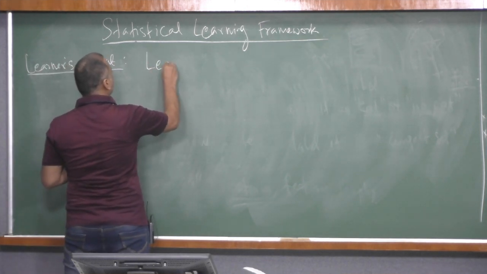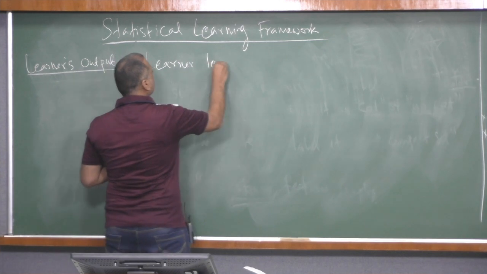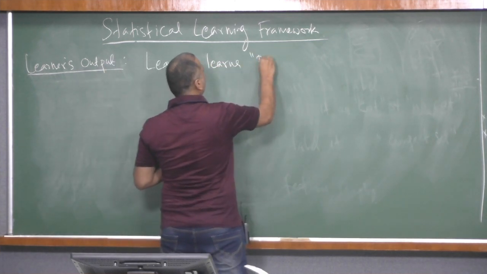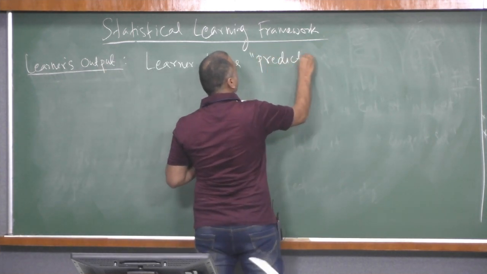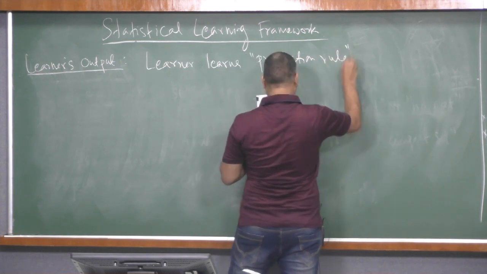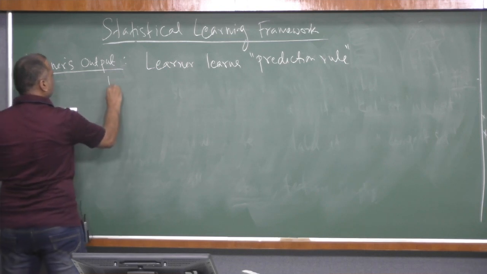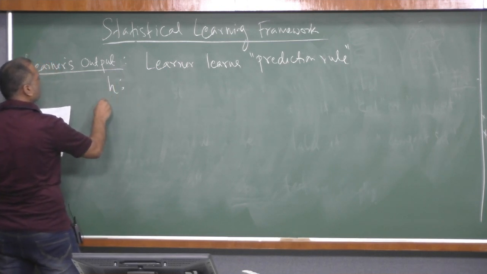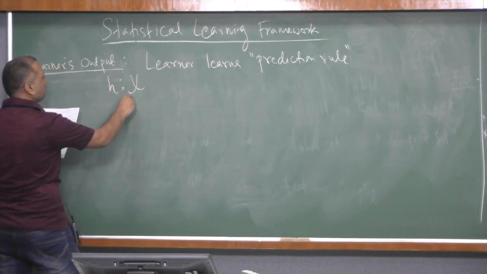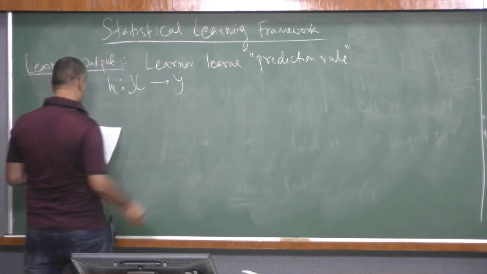So the learner learns a prediction rule. Again, our goal is to introduce the notation. Let us say the prediction rule is some function h that takes samples and produces labels.